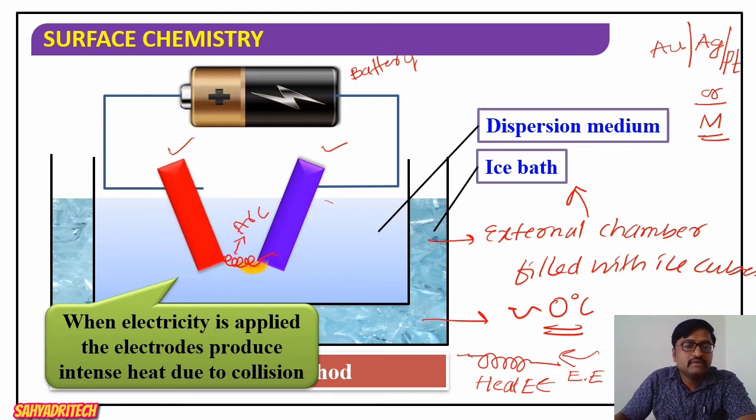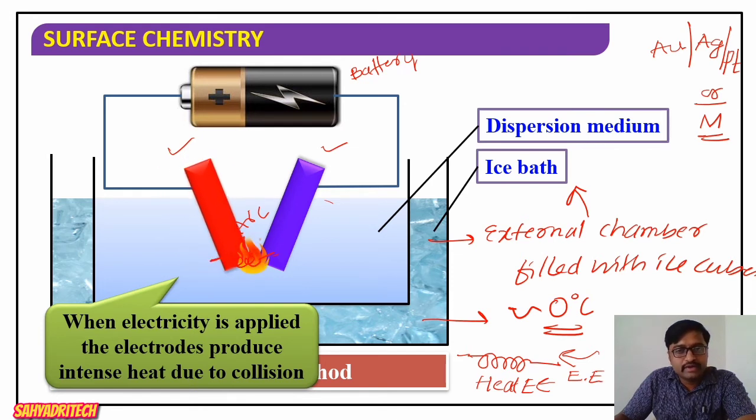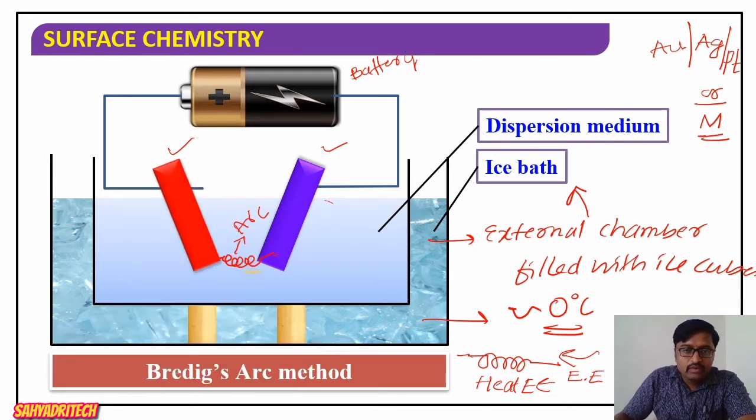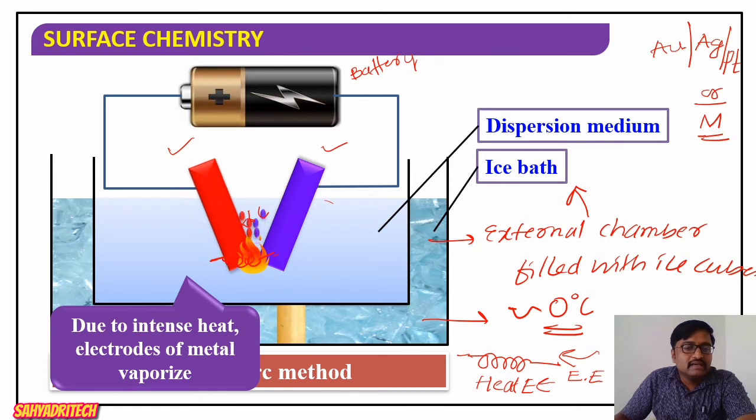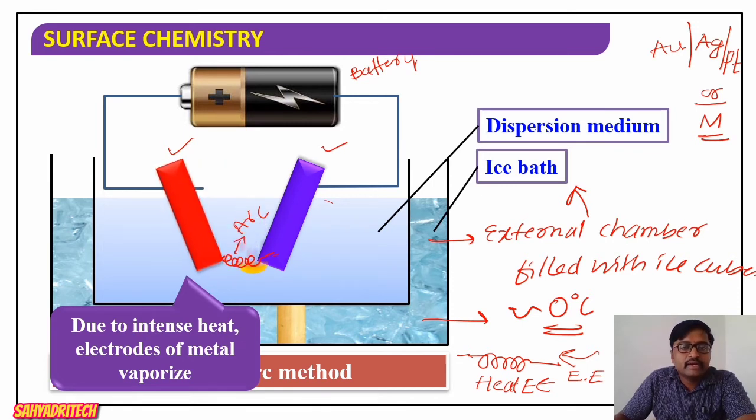As the arc is heated up, there will be production of a huge quantity of heat, meaning electrical energy is converted into heat energy. Once heat is produced, that heat energy is used to vaporize the metal. Due to this intense heat, the electrodes of the metal vaporize, meaning part of the metal gets vaporized.